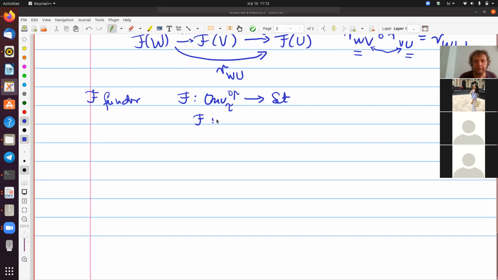So F to every open set gives F of U, and to every inclusion from U to V, what we call it, UV or VU, it was IVU, is mapped to this RVU from F of V to F of U.